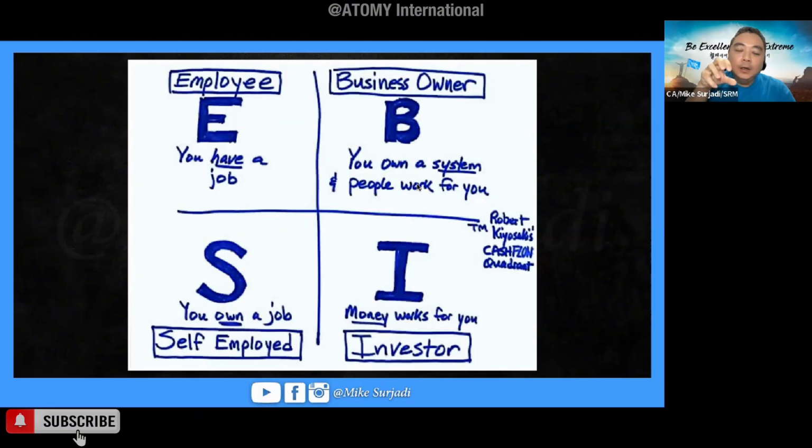Okay. Once you own this system, what are you gonna do? Be an owner, right? Don't be an employee. You are not an employee. Once you have an Atomy ID, you are the owner. You are no different from our Chairman Park Han-gil. We are at the same level. What do owners do?